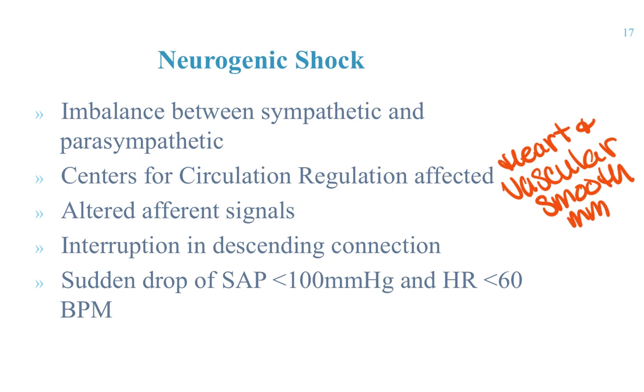So those messages from the regulatory centers that go to the spinal cord are being interrupted. So going from the brain to the spinal cord. And this is especially going to affect those who have an injury direct, like TBI, or from the middle of the thoracic spine and above.